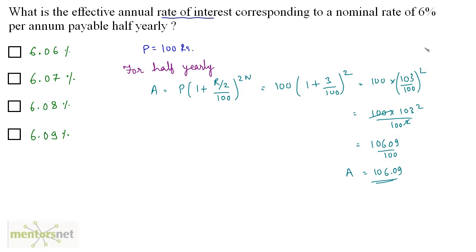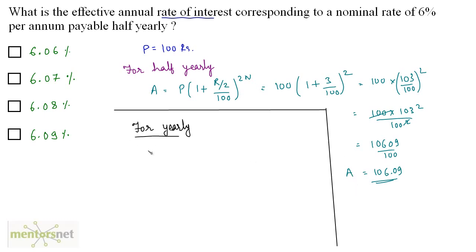Now we want to calculate the rate of interest for this amount if the interest is paid yearly, right? For interest compounded yearly, we have amount equals P into 1 plus R upon 100 raised to N. Now N is 1 year.